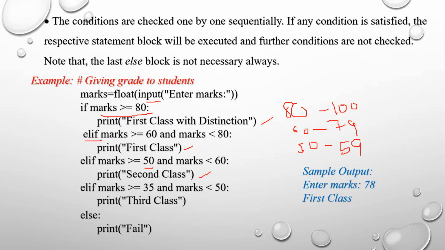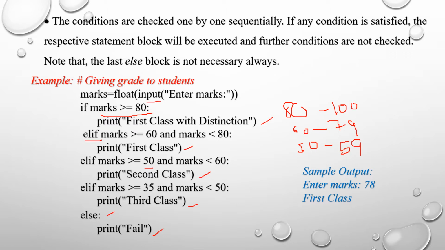Else if marks is greater than or equal to 35 and less than 50, so between 35 to 49, the student grade is third class. Else, less than 35, the student grade is fail.